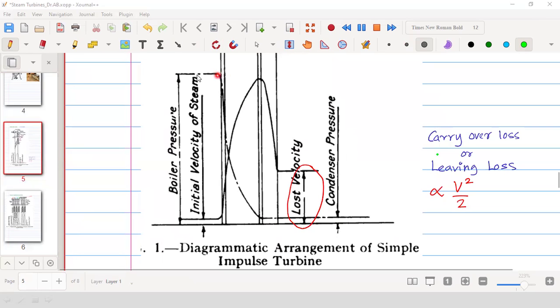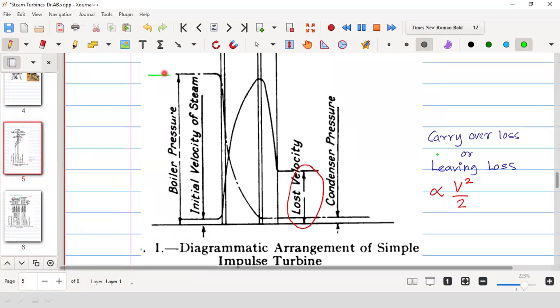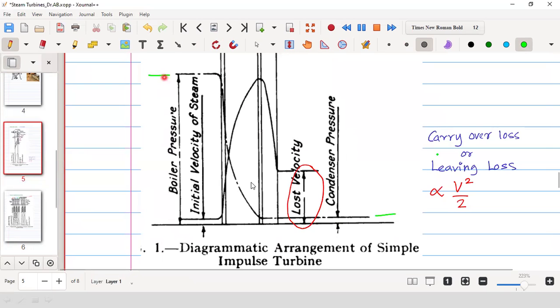And this is the boiler pressure. So the pressure reduction from the boiler pressure to the condenser pressure happens in one stage only. This is called a simple impulse turbine.